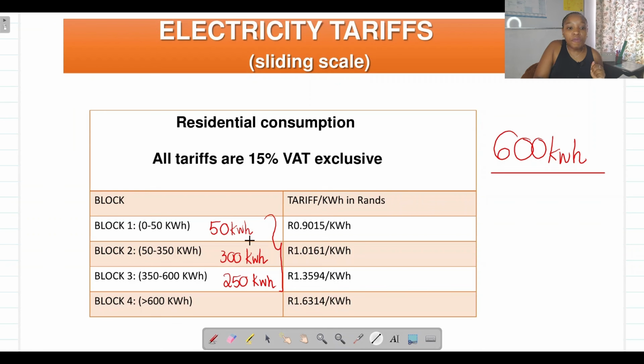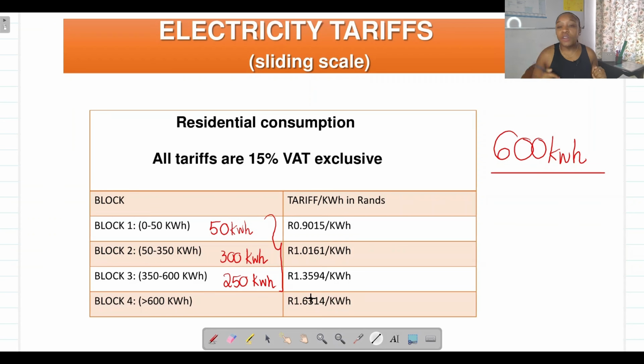Do not say 50 multiplied by 0.90. You use your tariff as it is. So it's going to be 50 multiplied by 0.9015, 300 multiplied by 1.0161, and 250 multiplied by 1.3594. You do not round it off.